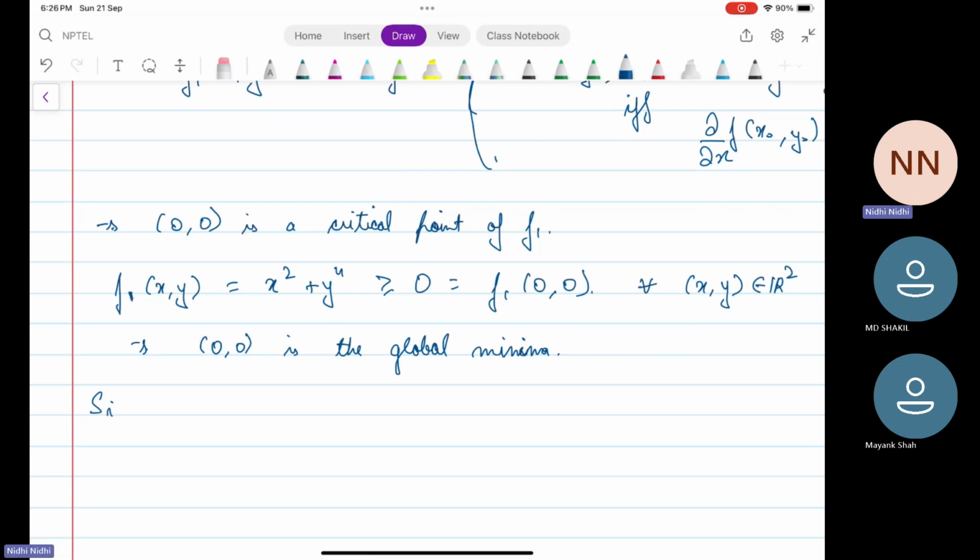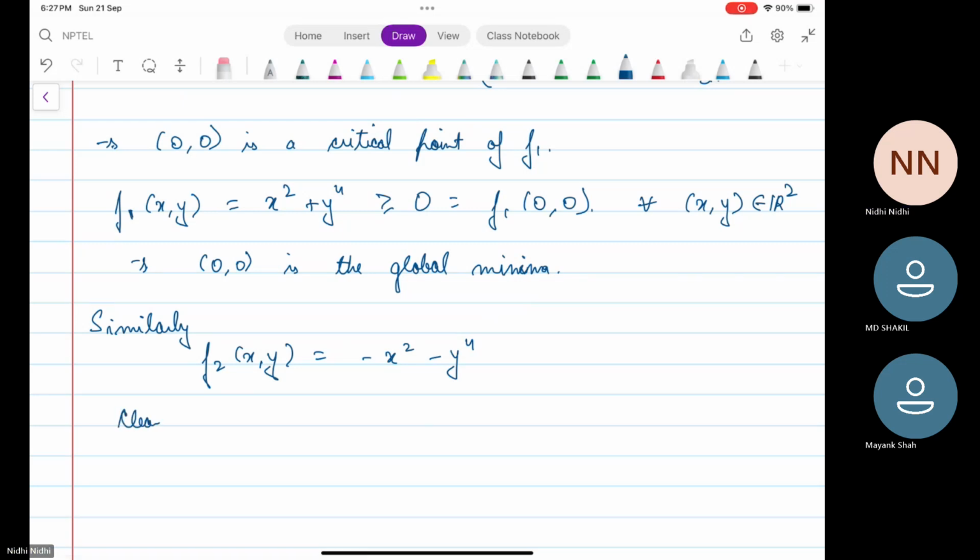Similarly, consider the function f2. It's just the negative of f1. f2(x,y) is minus x squared minus y to the power 4. Again, (0,0) will be its critical point.